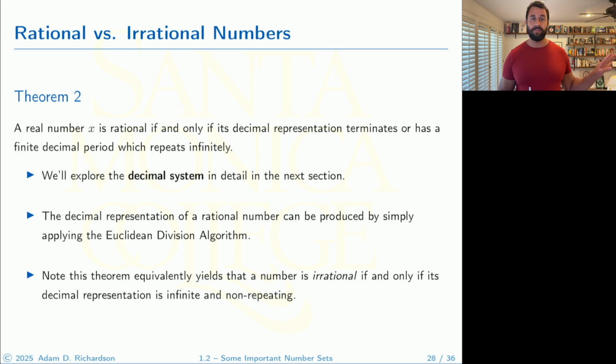And there's never going to be a point where afterward the digits repeat. If the digits start repeating, no matter how far down, if you get down like a billion digits and then they start repeating forevermore, that's a rational number. But if they never repeat, there's never a repeating pattern, you've got an irrational number.